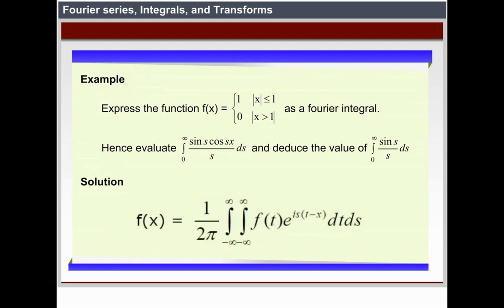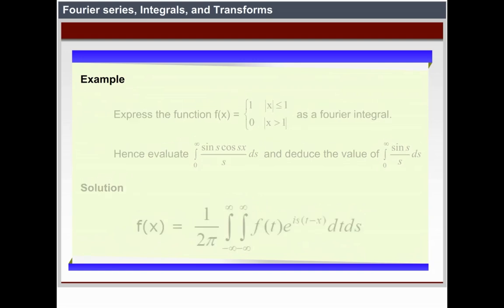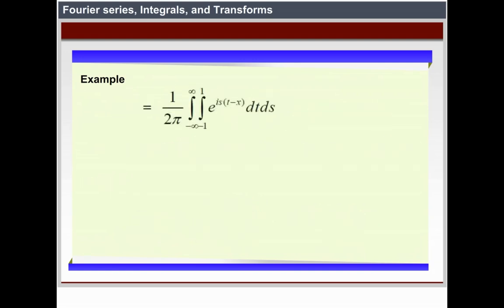Solution. f of x equal to 1 by 2 pi integral minus infinity to plus infinity, again integral minus infinity to plus infinity f of t into e power is into (t minus x) into dt into ds, equal to 1 by 2 pi into integral minus infinity to plus infinity, again the integral minus 1 to 1 e power is into (t minus x) into dt into ds.